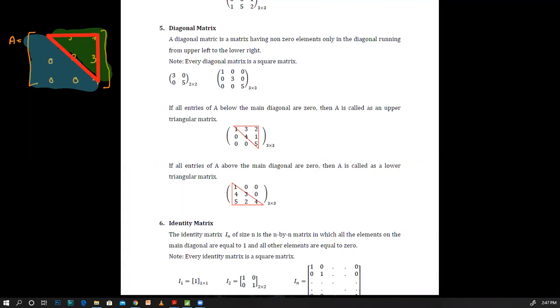But if you move to the next part, if all the entries above the main diagonal are zero, then we can say that it is a lower triangular matrix.